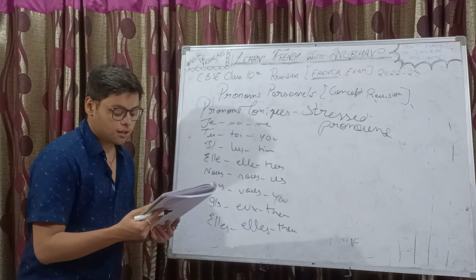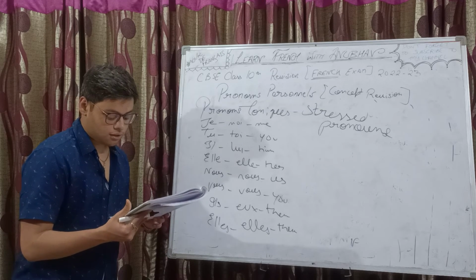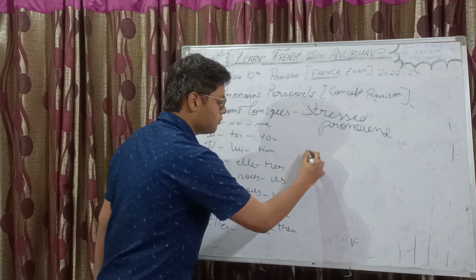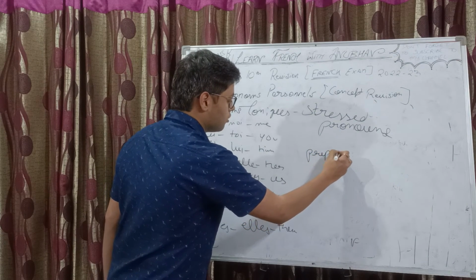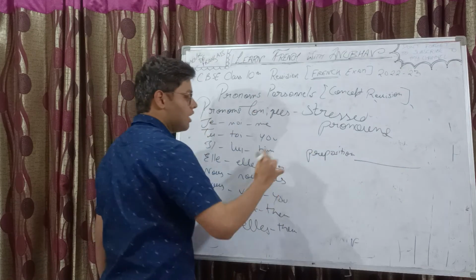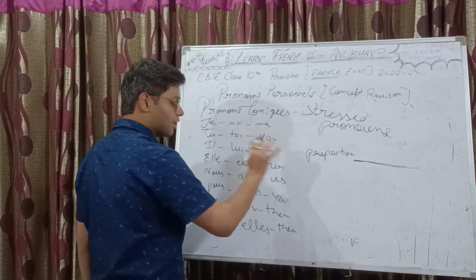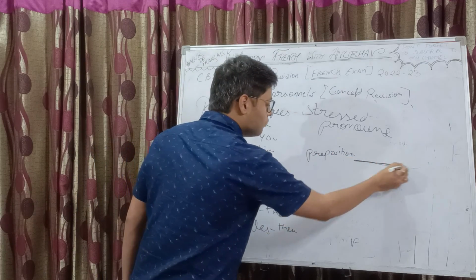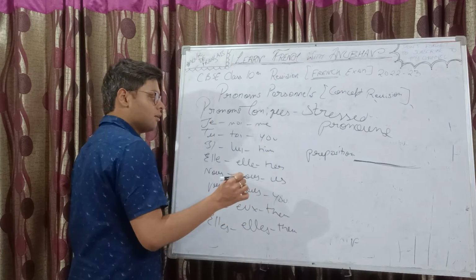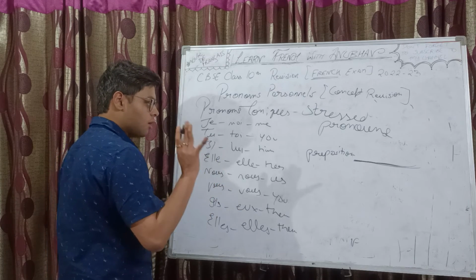So in such a case, when there is a preposition and after it you have the underlined noun, not that the preposition is underlined, only the noun is underlined, in that case you can go for pronoms toniques.